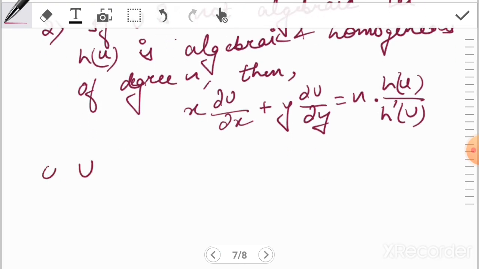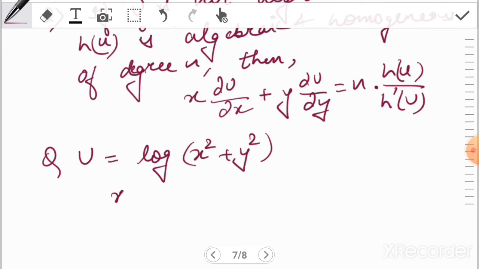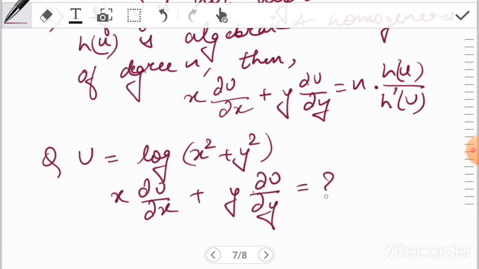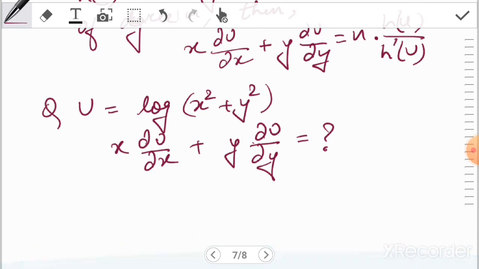Let us see one example. If u is given as log of x square plus y square, and you have to find x del u by del x plus y del u by del y. So let us take the exponential on the other side: e raised to the power u is x square plus y square.